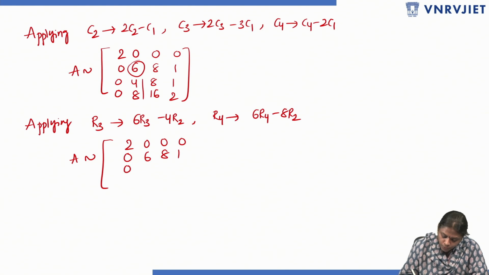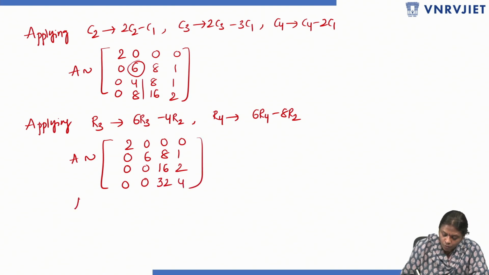Now R3 is going to become 0 and the down element is also 24 minus 24, this is going to be 0. And now implementing this operation to the same row elements, we'll be getting 16 and this is 2. Now next fourth row, this is 0. Now this is going to be 0 here. Next implementing the same operation, you will be getting 32 and this is 4.